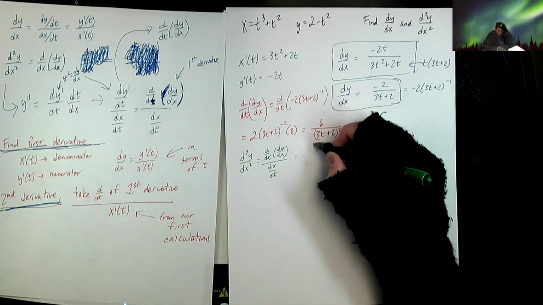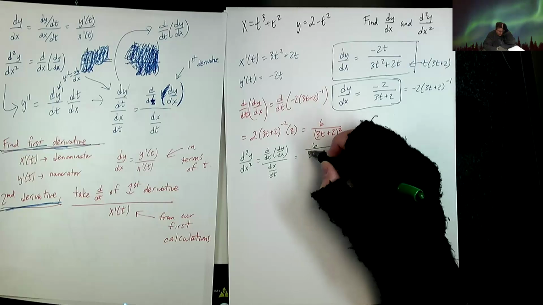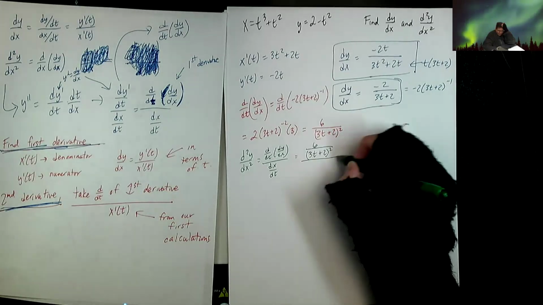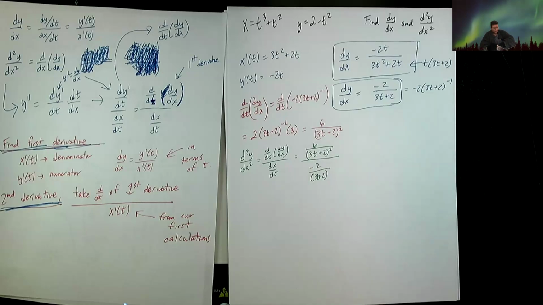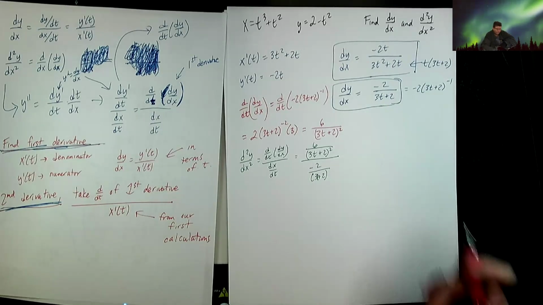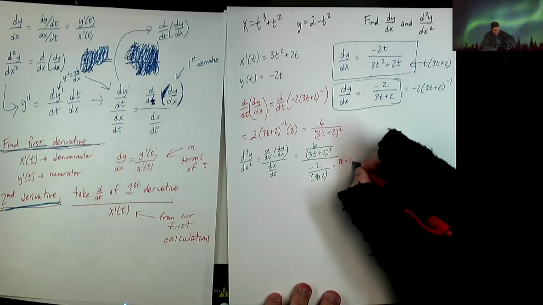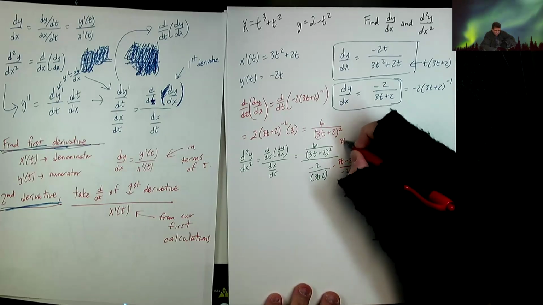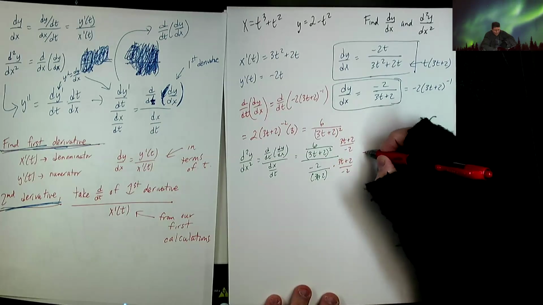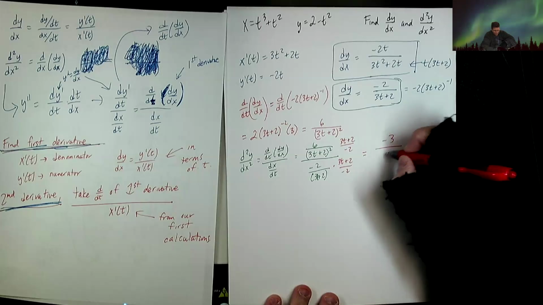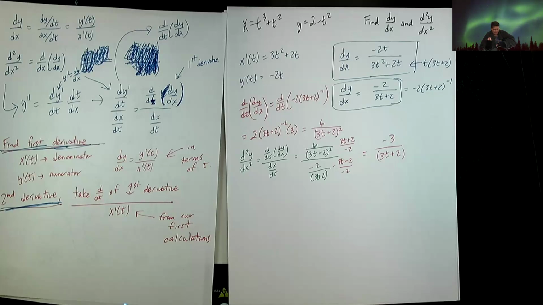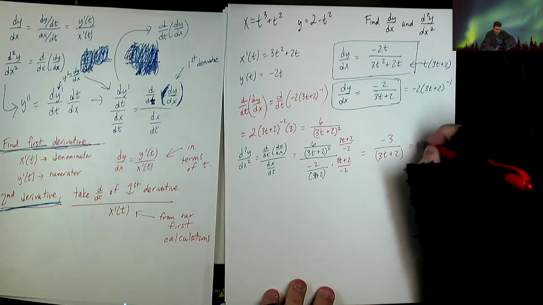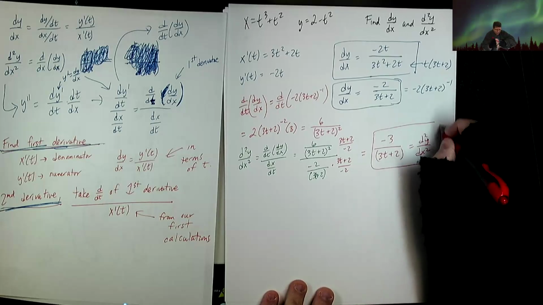I'm getting 6 over (3t plus 2) squared there. On bottom, I'm getting -2 over 3t plus 2 here. Multiply by the reciprocal. I'm getting -3 over 3t plus 2. And that's d squared y/dx squared. You guys get that?